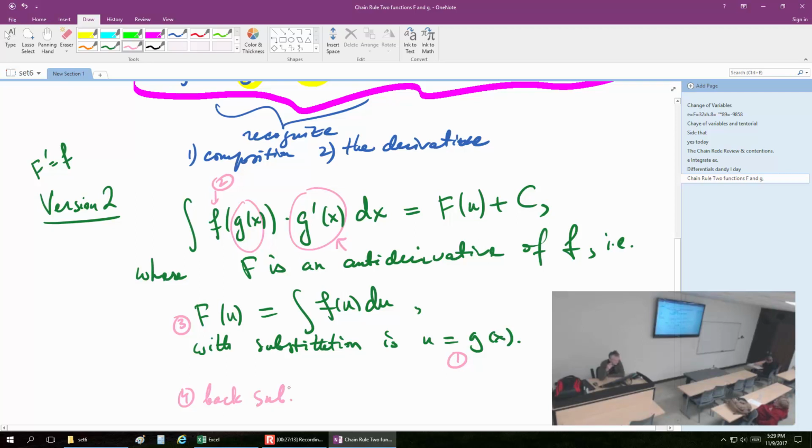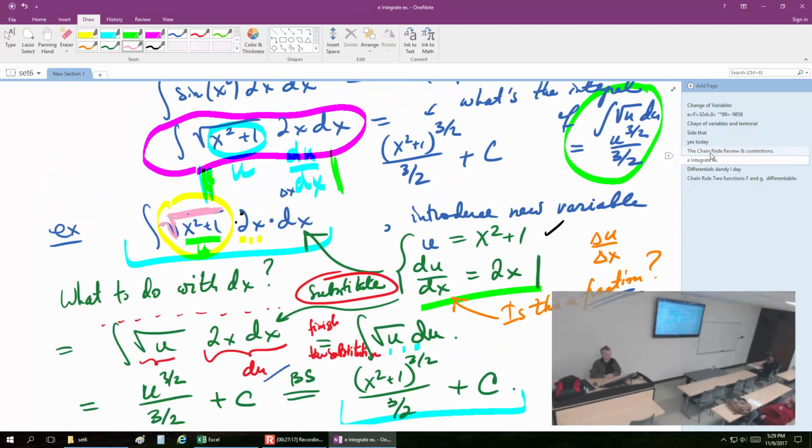So back to x. Once again, let me take a look at what happened here. Here my function f, lowercase, is the square root. This is my u, or g if you prefer, the x squared plus 1. So we pointed out what our new variable is.